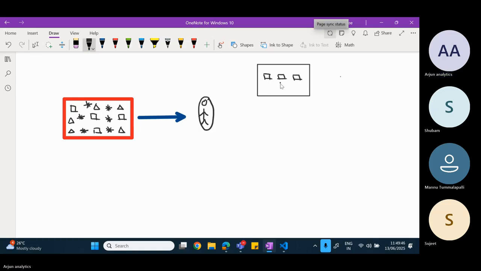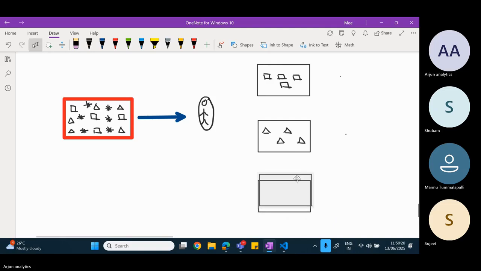Next, there is something called a triangle over here, and one more, this is another shape.